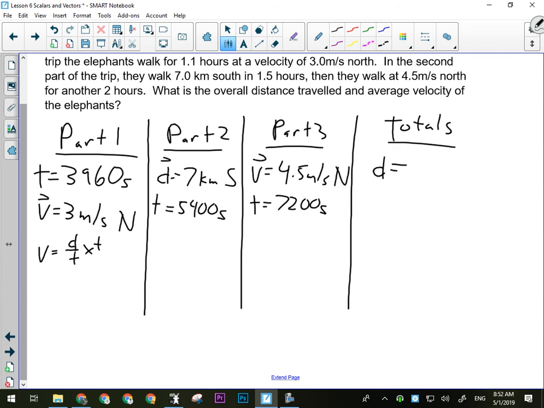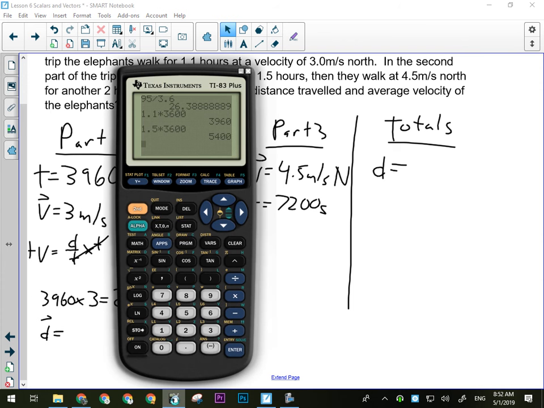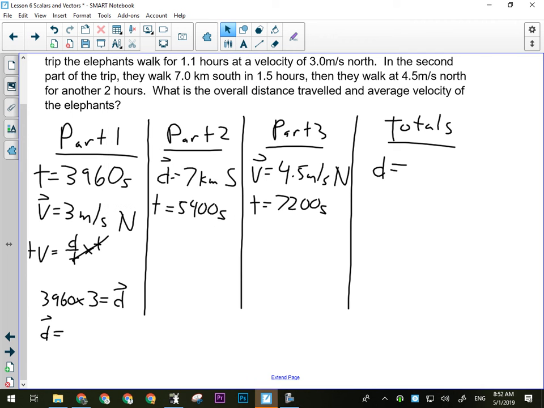I'm going to multiply both sides by t, and that'll be the formula I'm left with. So 3,960 times 3 meters per second will give me my displacement. So the displacement in part 1 is 11,880 meters north.